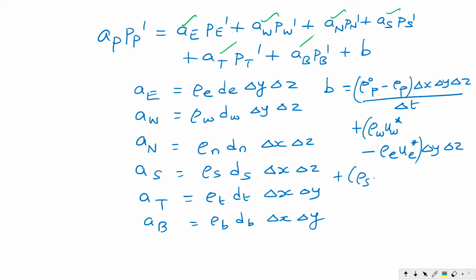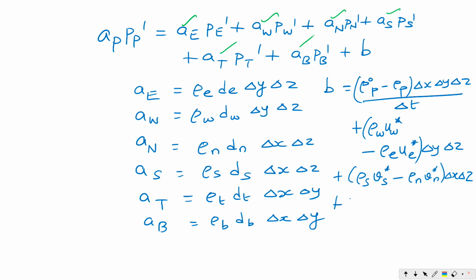Plus rho s v s star minus rho n v n star. It is not u, it is v. Otherwise I will erase it and write clearly. So it is rho s v s star minus rho n v n star, here is the y direction, so del x and del z should come: del x del z.